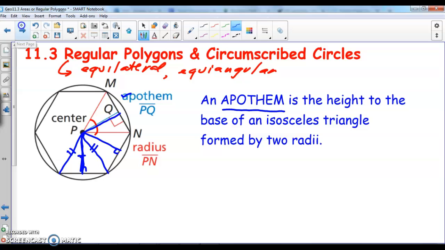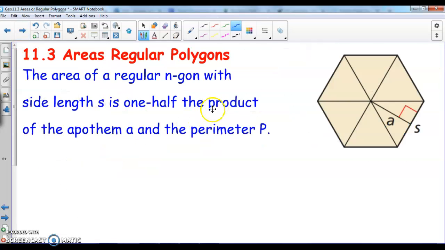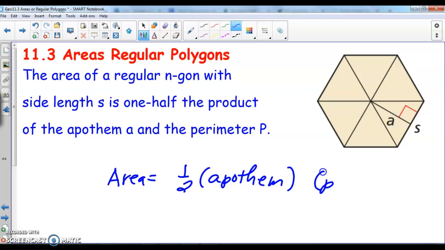We need to know how to construct it and what it means, because when you are trying to find the area of a regular polygon, the formula is given by 1/2 times the length of the apothem times the perimeter.